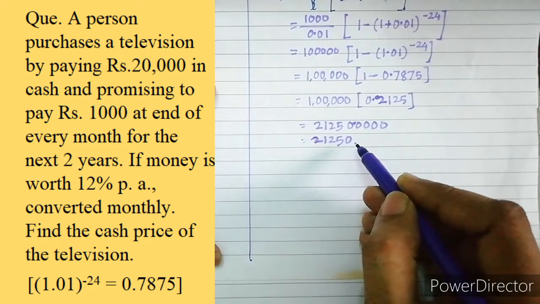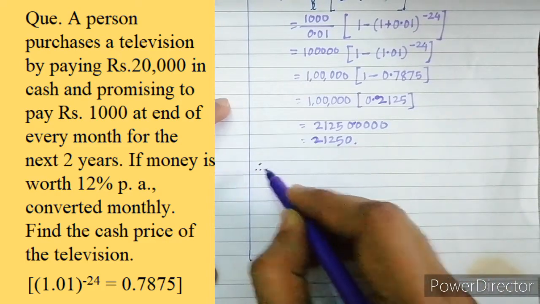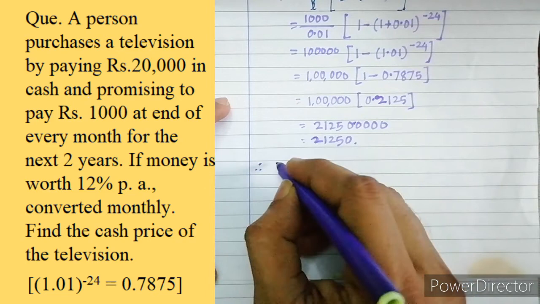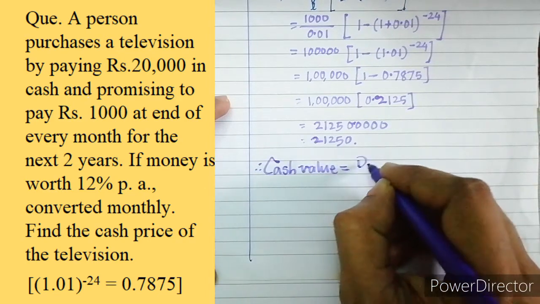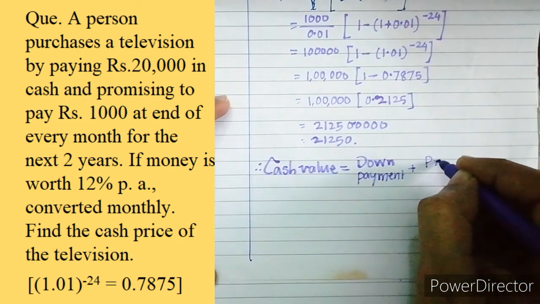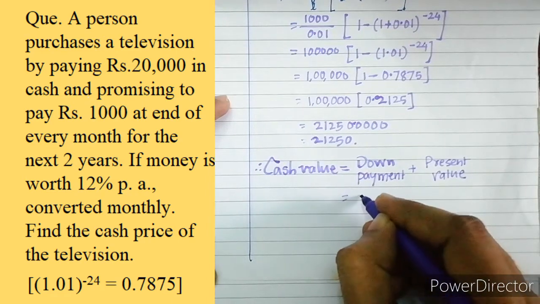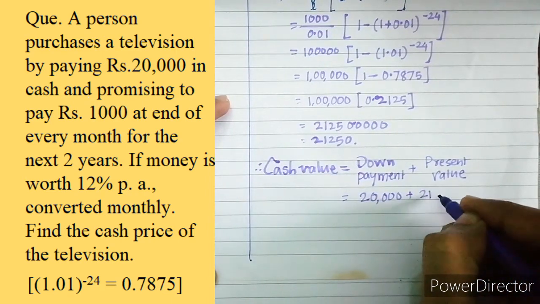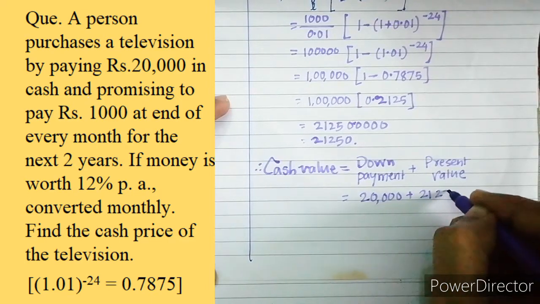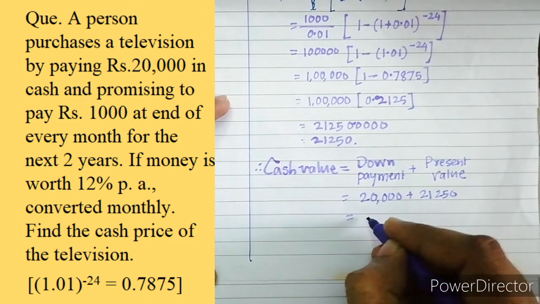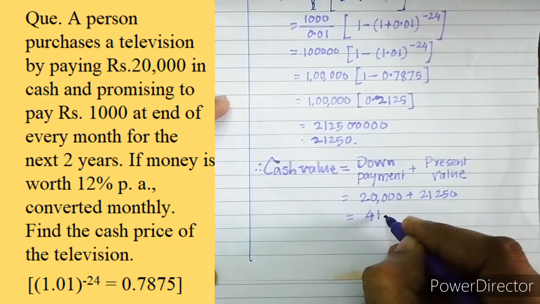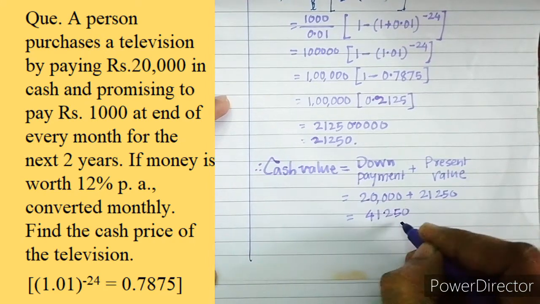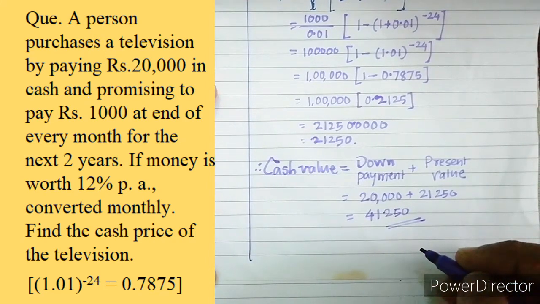So this is the present value of the TV, and therefore what is the cash value? You can say down payment plus present value, that is down payment is 20,000 plus present value 21,250, so the total is 41,250. This is the cash value, that is the price of the TV.